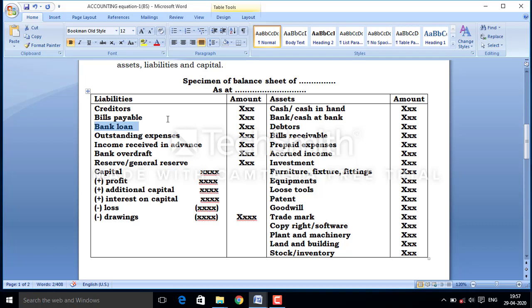If we are borrowing loan, it means surely we will have to buy some assets, like suppose personal loan, home loan, car loan, if we are taking it. While getting home loan, car loan, it means we are going to purchase car, we are going to purchase home, or we are going to make home.